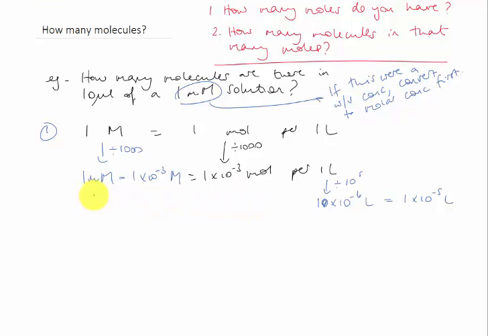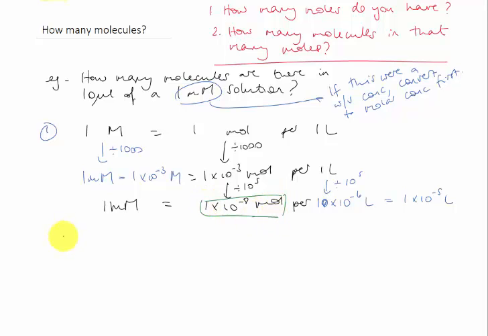And so to keep the same concentration, we also have to divide our number of moles by the same number. So that's divided by 10 to the 5. That would give us 1 times 10 to the minus 8 moles in our 10 microliters to get our 1 millimolar concentration. So that's how many moles we've got.